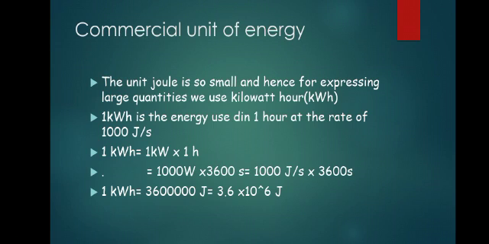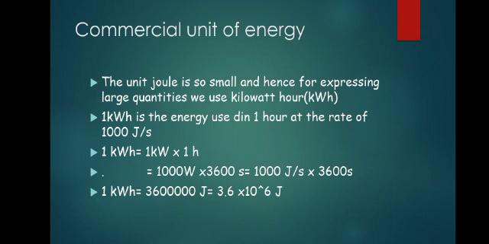So in 1 hour, if you are using 1000 joules per second, then you are consuming 1 kilowatt hour. Now 1 kilowatt hour is equal to 1 kilowatt into 1 hour. 1 kilowatt is equal to 1000 watts, into 1 hour, which is 60 into 60, that is 3600 seconds. So it is 1000 joules per second into 3600 seconds.